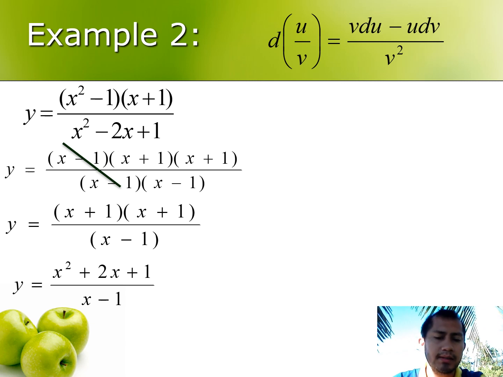This could also be written, I am referring to the numerator, as x plus 1 squared, or x plus 1 to the power of 2, since x plus 1 is being replicated twice.